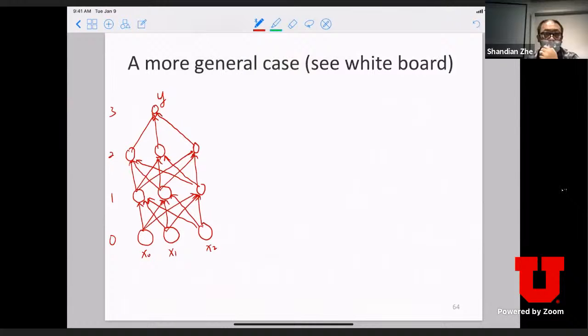And now I will stick to our notation definition. So this is z01, z11, and z21. And this is z02, z12, and z22.